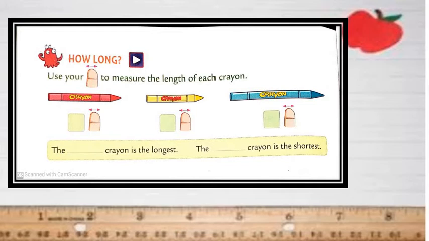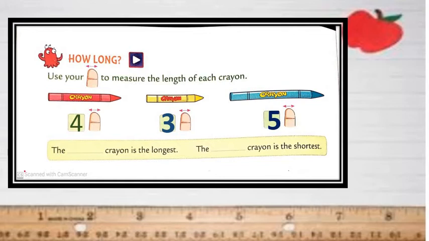As per my finger, it is 4 fingers long. The yellow crayon is about 3 fingers long. The blue crayon is about 5 fingers long.